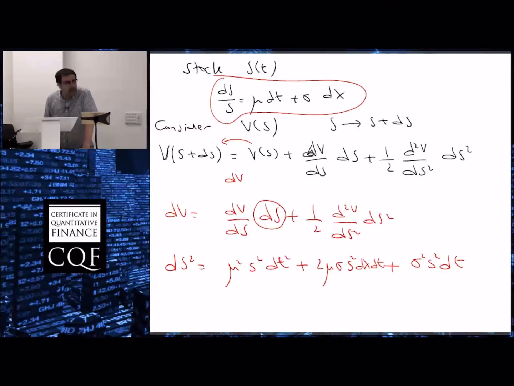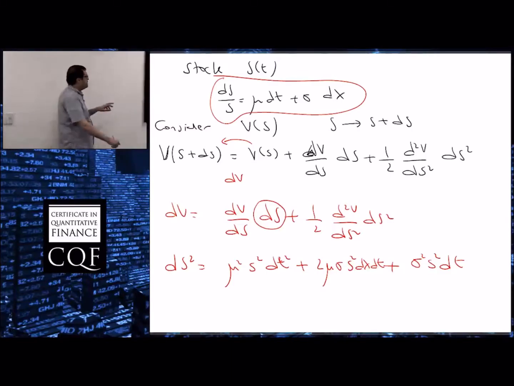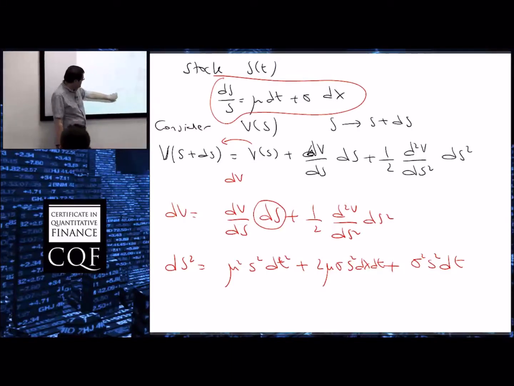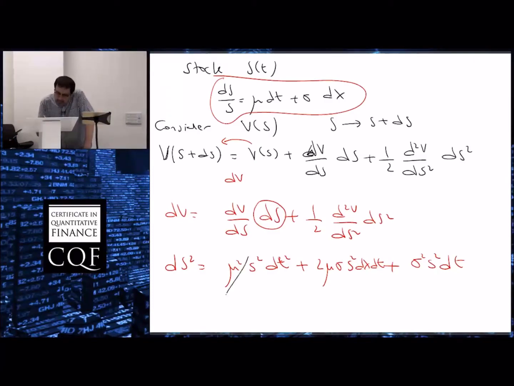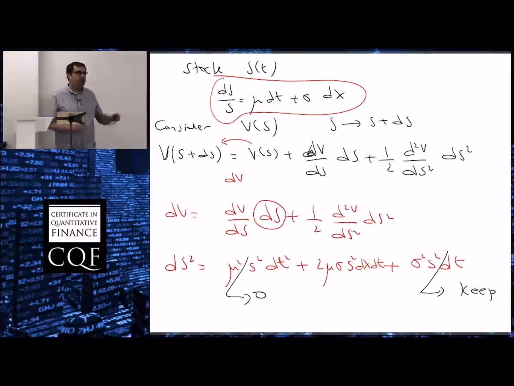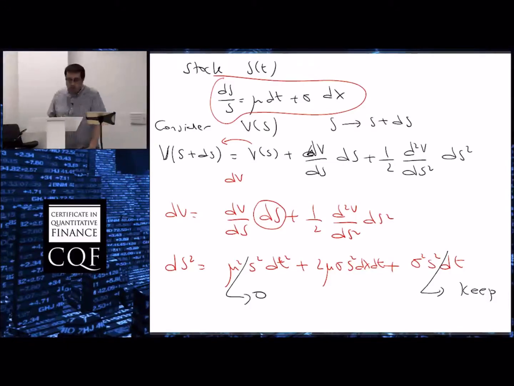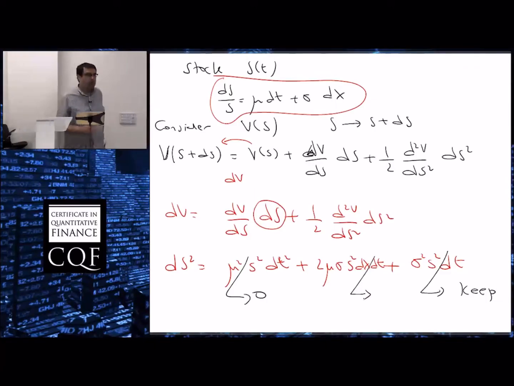So let's have a look. The very first term here, in or out, do we keep it or do we get rid of it? We drop it, right? Because it's too small. Get rid of it. This we keep, obviously, agreed? Because we've already said the dX squared became dt. What about this? What should we do with that?